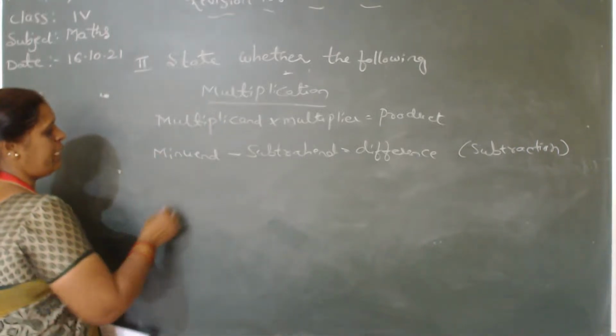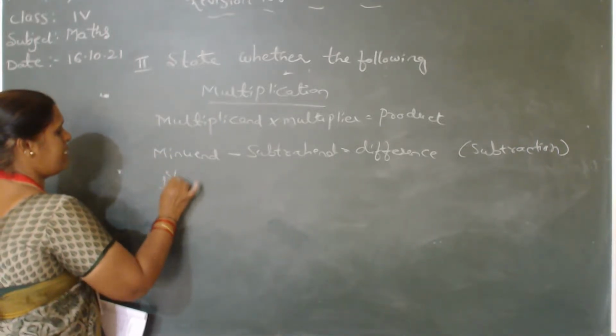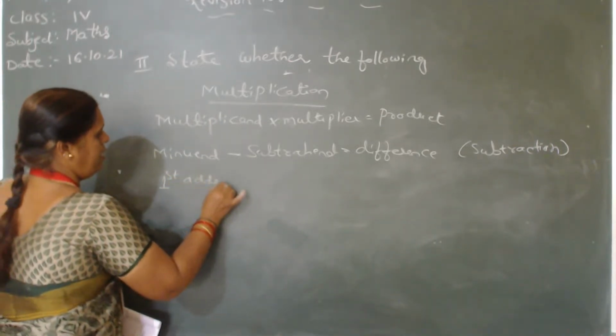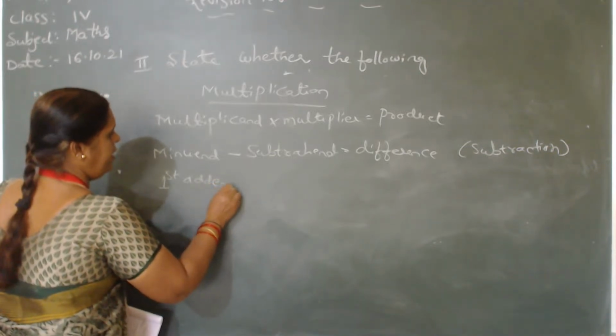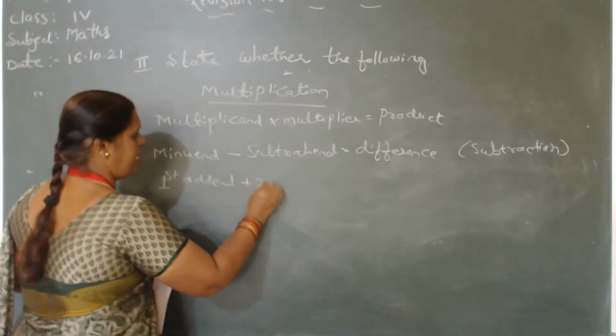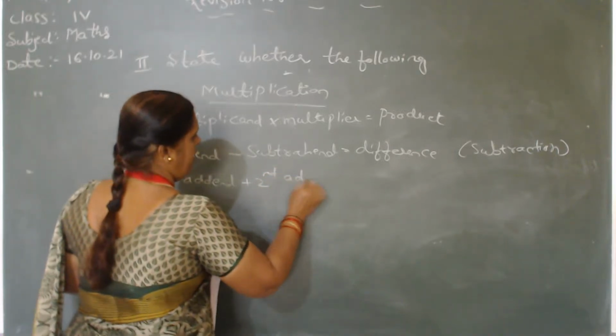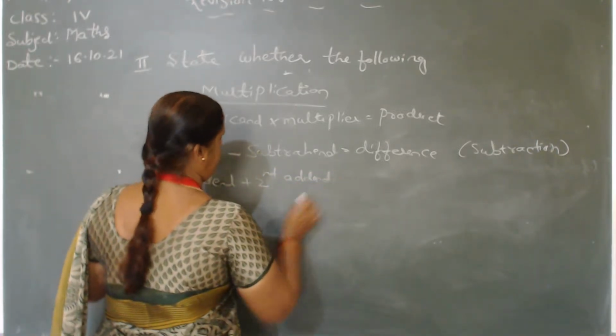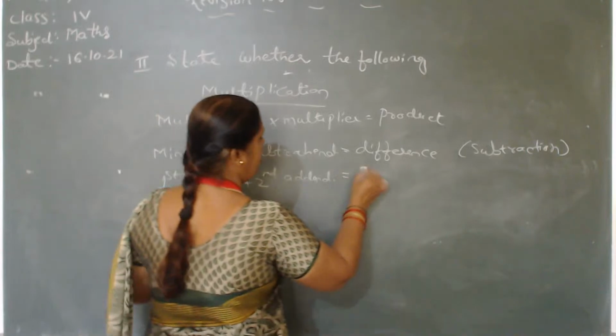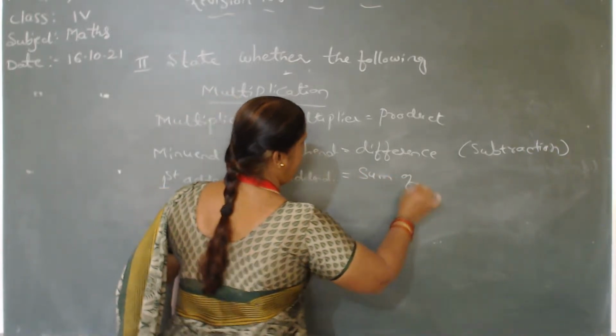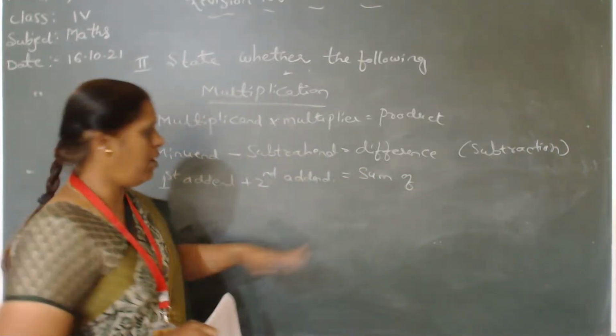In addition, we have first addend plus second addend is equal to what? We will get the sum.